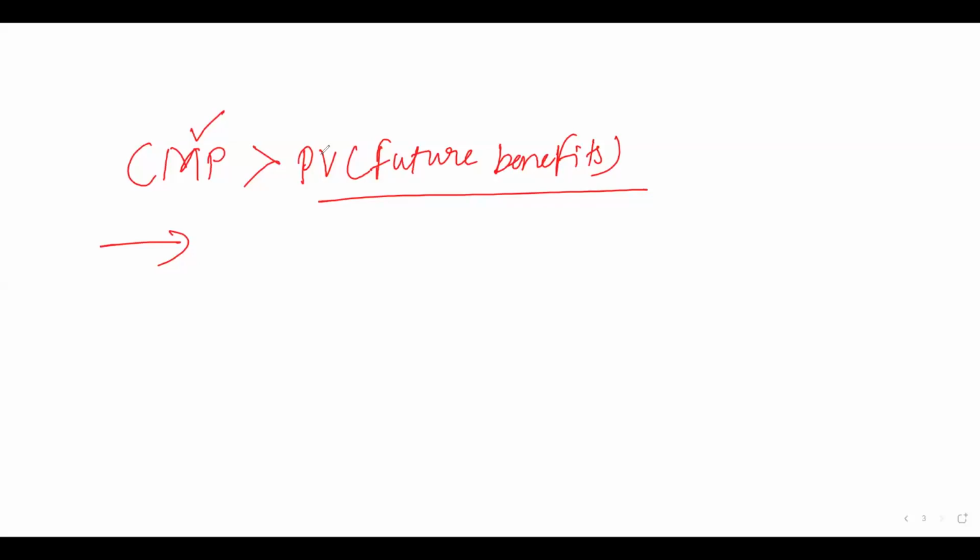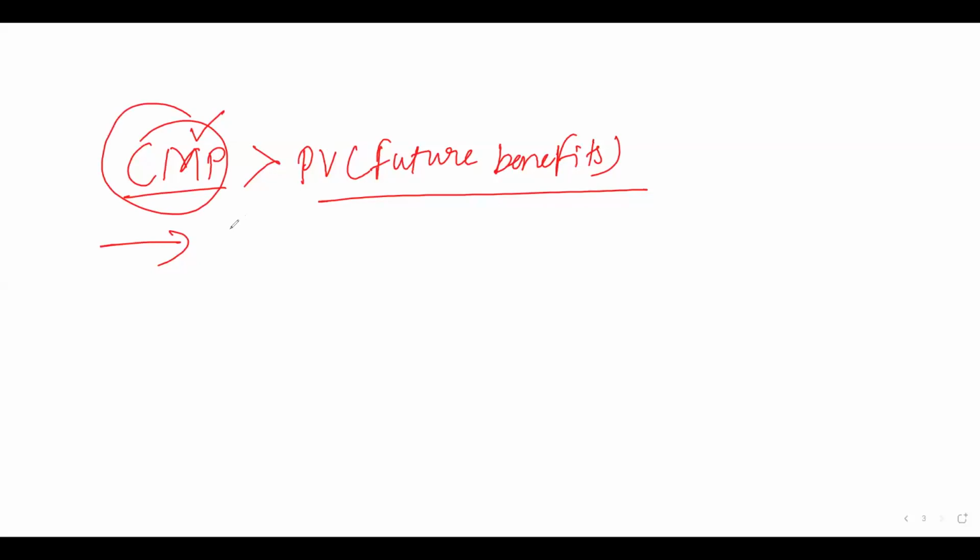Will you avoid investing in a security where the current market price is greater than the present value of future benefits? Obviously not, correct? Because the price that you are paying today is higher than the benefits that you are going to receive in future.